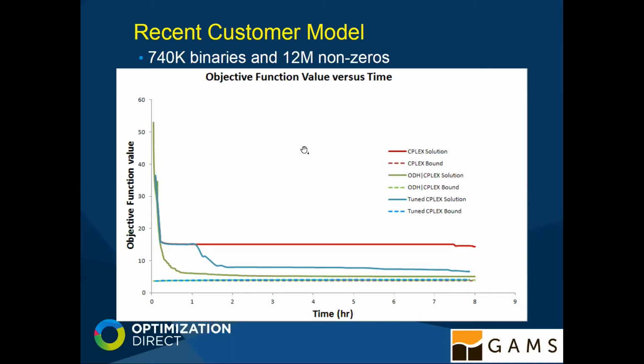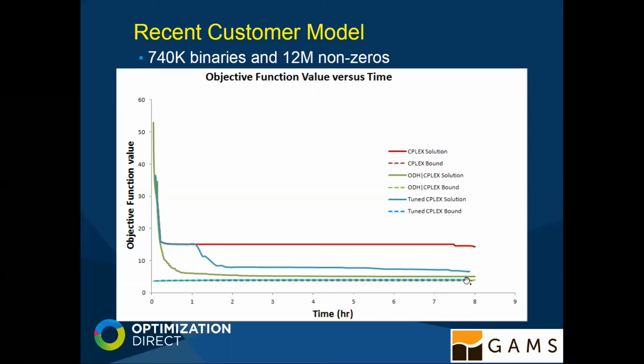However, when running ODH CPLEX entirely out of the box, with no special tuning at all, we get a reduced gap very quickly, and usable solutions appearing after only a matter of maybe 2 or 3 hours, rather than having to wait 8 hours plus with a tuned CPLEX to get anything that we can work with.